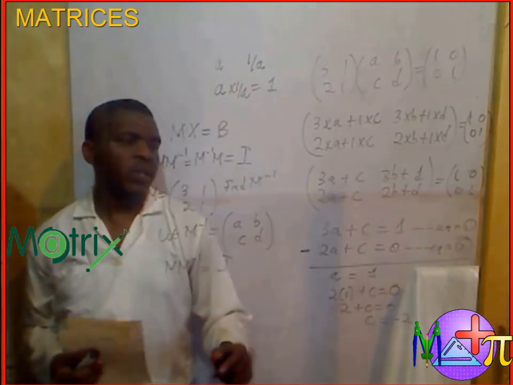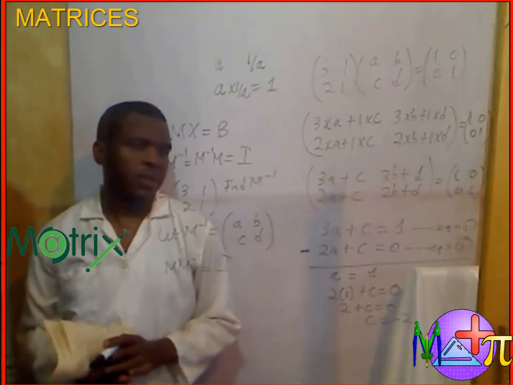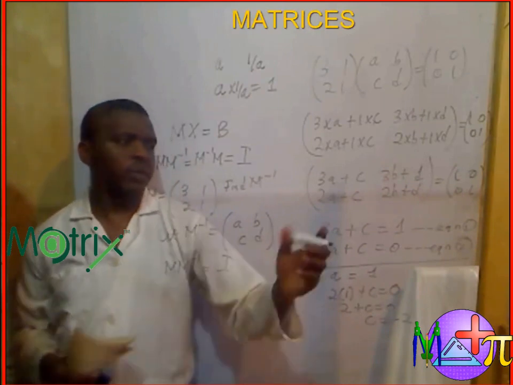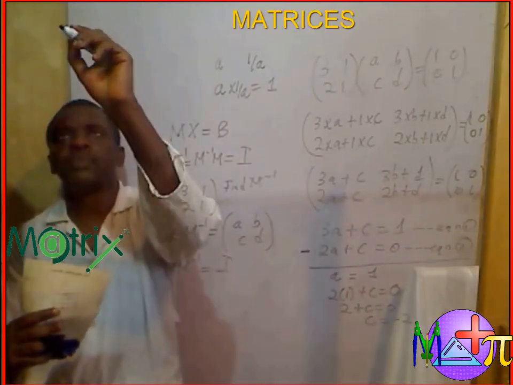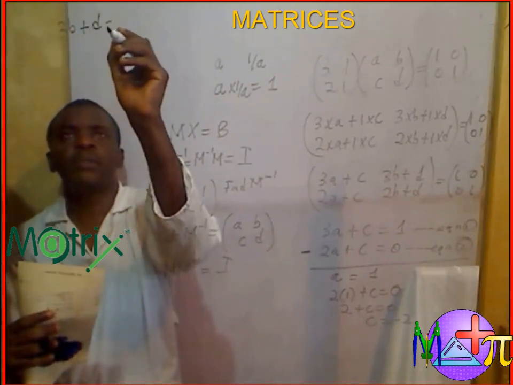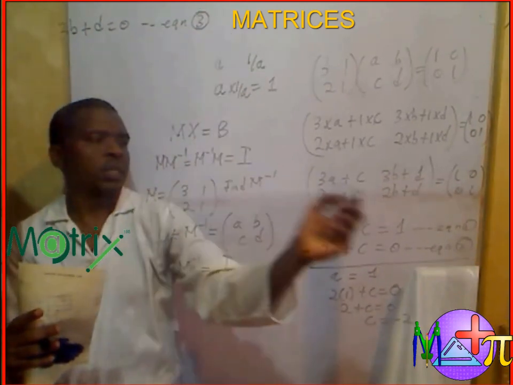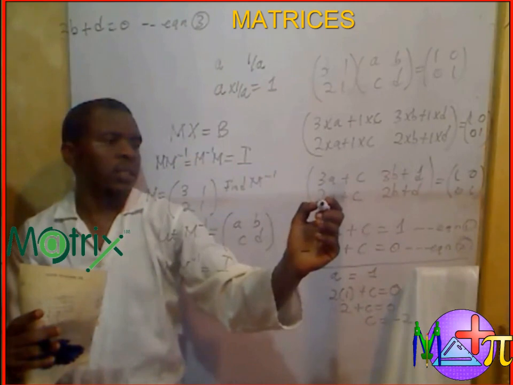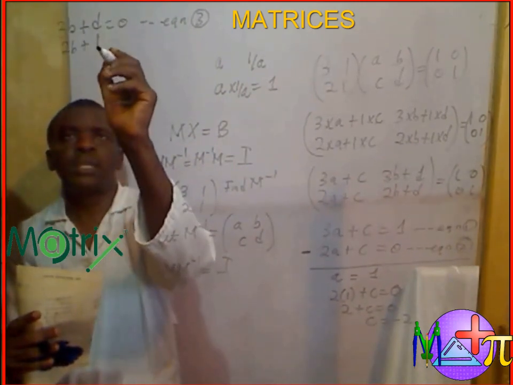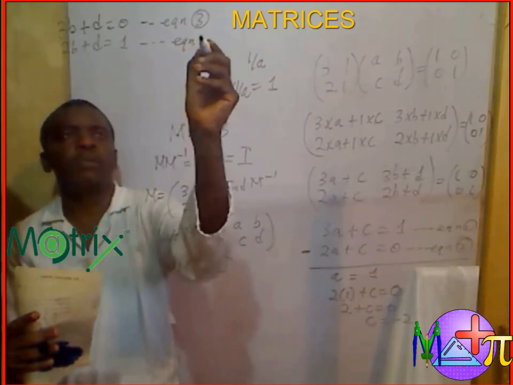Now, let us get the values of B and D. So I have to make equations containing those variables. Here I'll have 3B plus D is equal to 0. This is equation 3. Then 2B plus D is equal to 1. Call this equation 4.